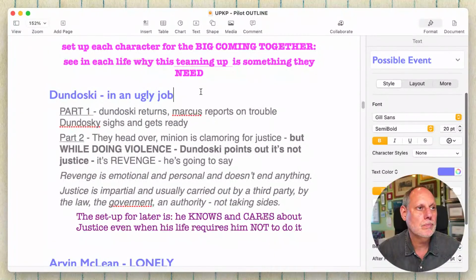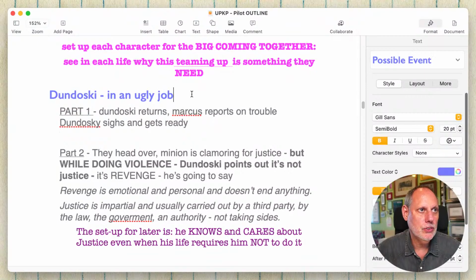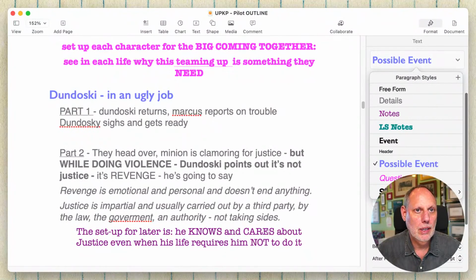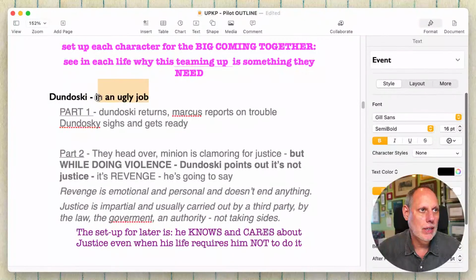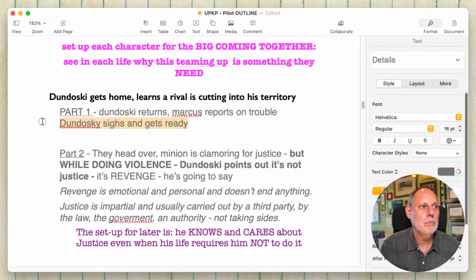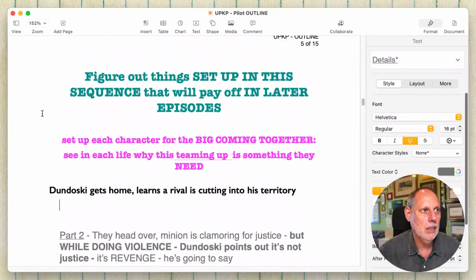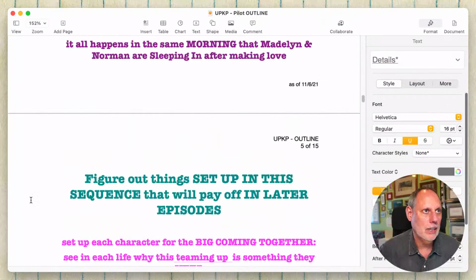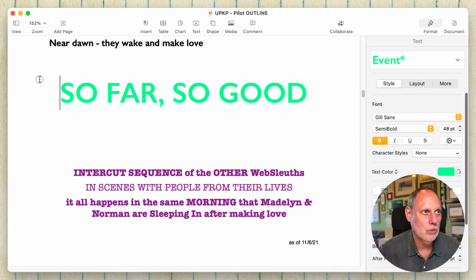Okay, so that's this. Okay. And this means, okay, actually, learns a rival is cutting into his territory. Boom, that's it. Okay. So that's where we are right now.